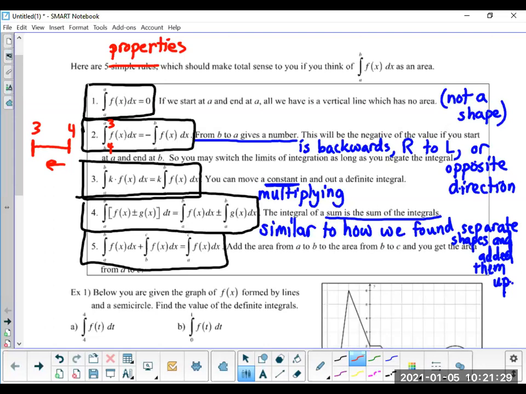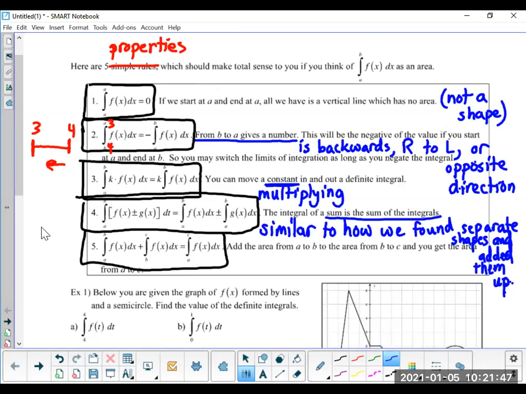For the third one, I think this is also less clear. If you're multiplying a function by a constant, you can multiply the area by that constant instead.